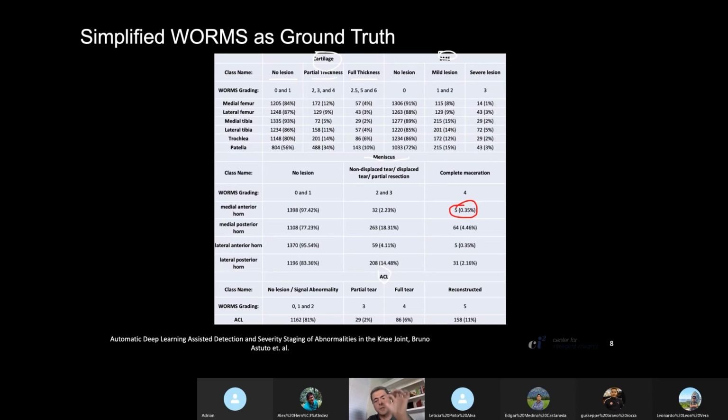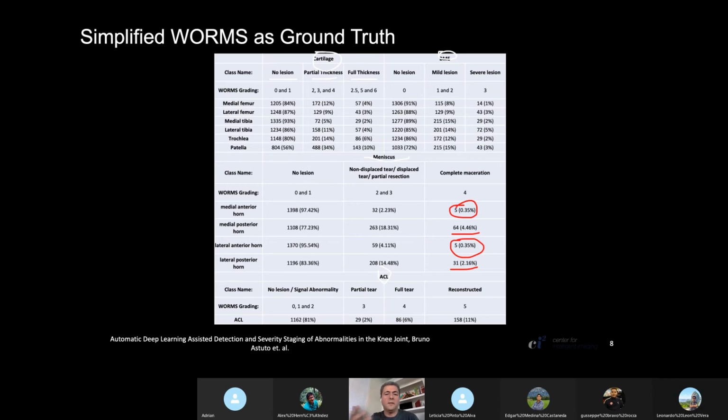Only 5 samples were actually severe lesions for this meniscus horn in particular. So it's a very rare event. Some menisci are more prone to get injured, but for some of them, lesions are rare.